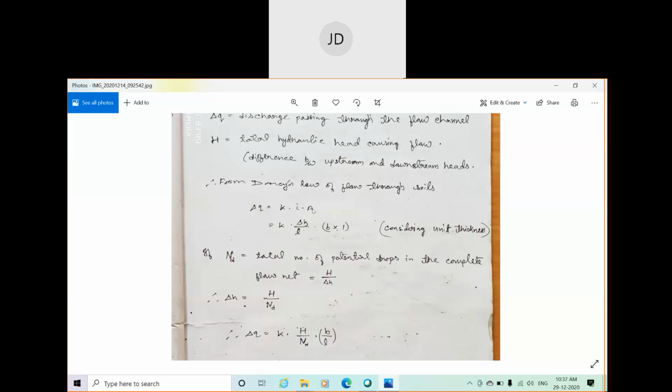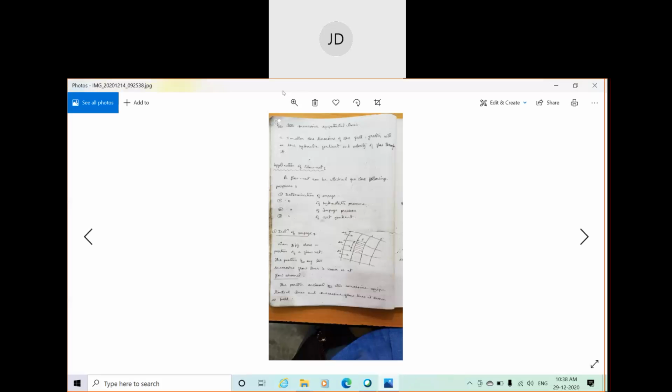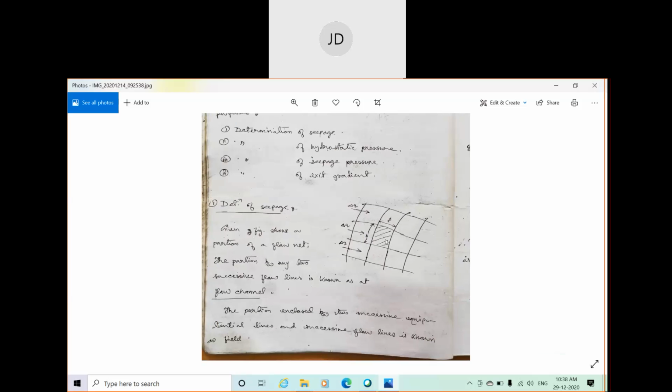Now, cross-sectional area will be what? B into 1. Why B into 1? If I go again in the drawing, water is flowing in this direction.